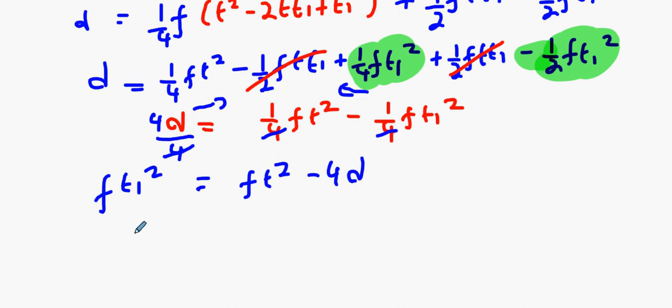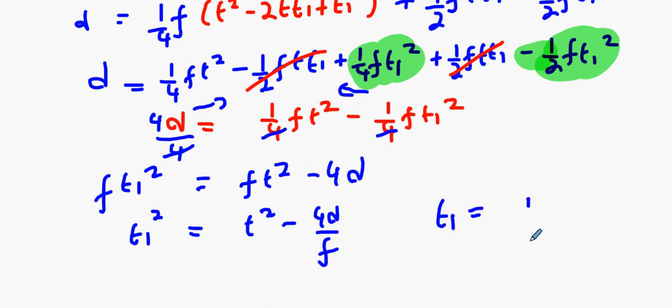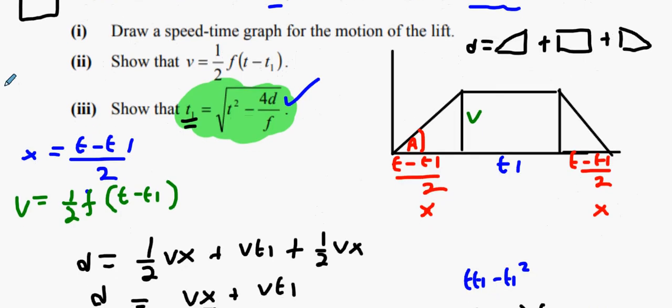Then divide both sides by f, so you get t1 squared equals t squared minus 4D over f. Square root both sides, and you get this. That what I'm looking for? Yep. Oh, good.